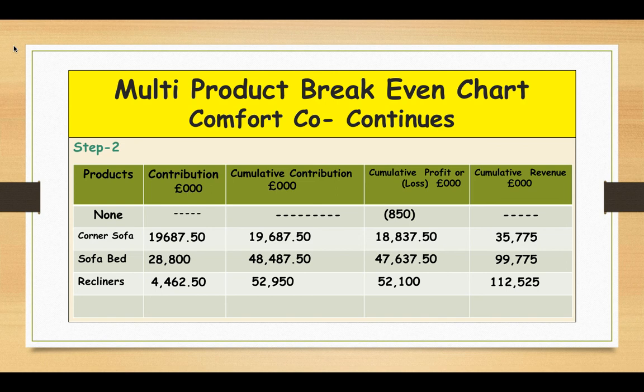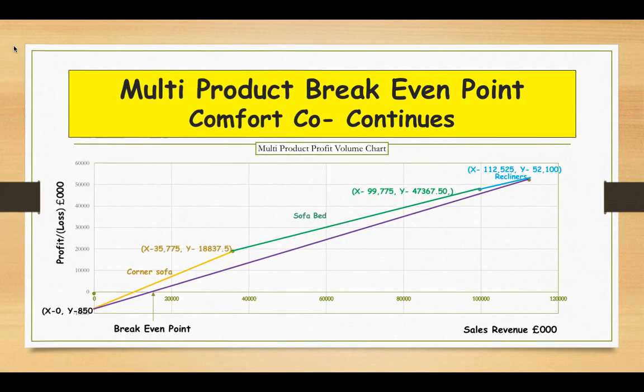So if you add all three sofas' total sales, you will get 112,525,000. Now, if you look at our chart, we have the cumulative profit or loss for the company, and we have the cumulative revenue for the company. So in our next slide, we are going to do the graph. We are going to do a profit volume chart.